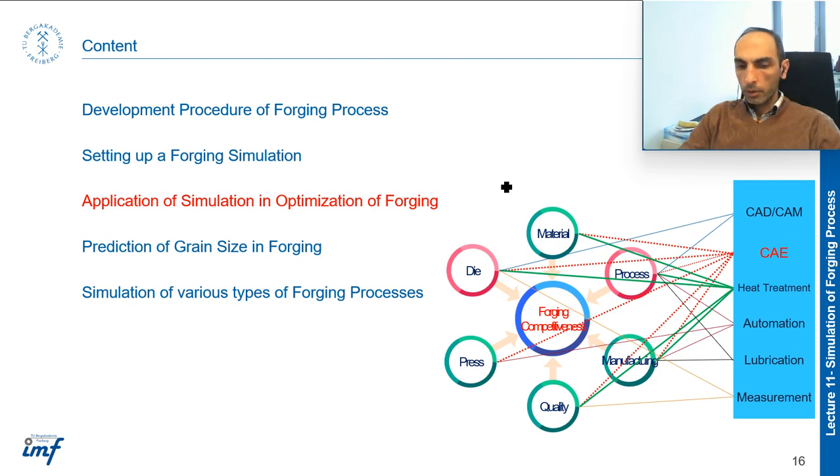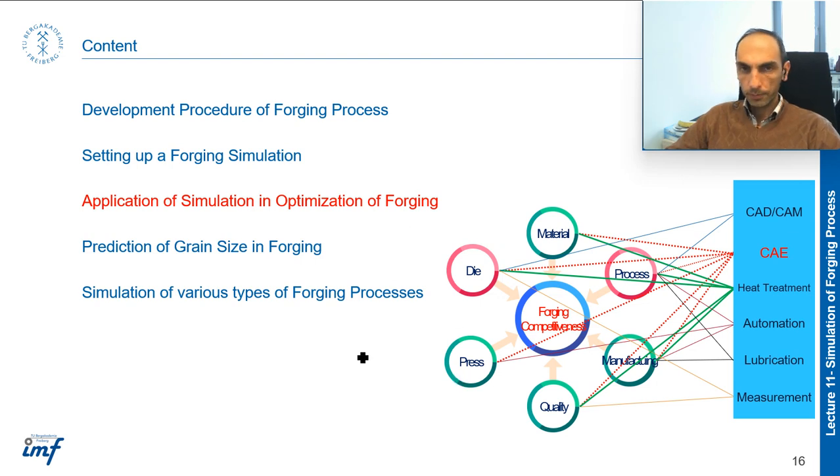Then you should start to play with the parameters you have. For example, you should change the material. You should think about changing the die design, the process design, the type of press, the friction condition, and so on.